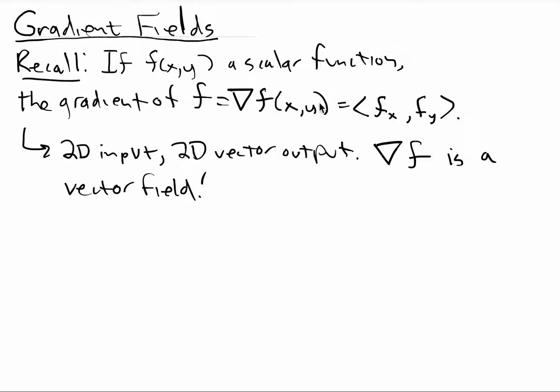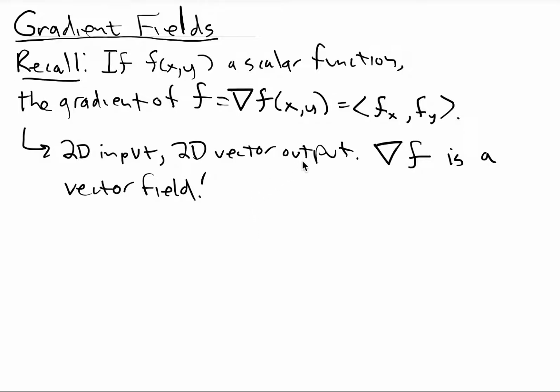So if you have f of x, y, you need fx and then you need fy. We had a similar three-dimensional analog for this. The gradient of a function of three variables, f of x, y, z, looked like fx, fy, and then an fz on the end. But here I'm mentioning just the 2D one.